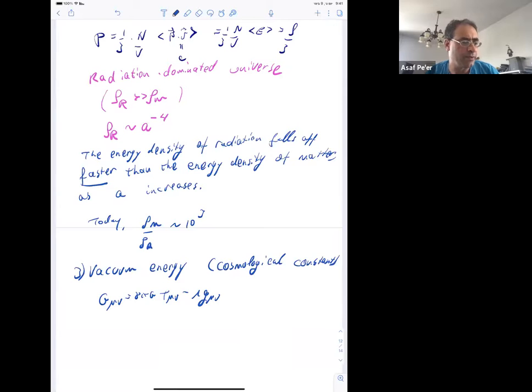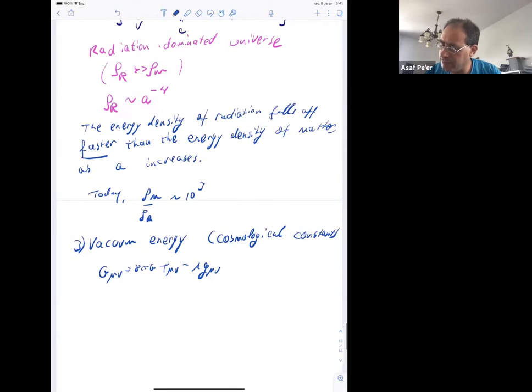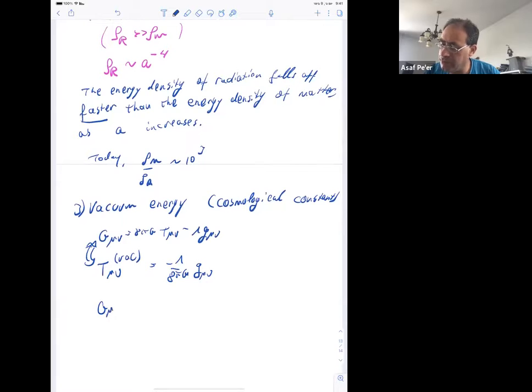So we can think of it as a universe without any cosmological constant, but with an energy momentum tensor of the vacuum, T mu nu of the vacuum equal to minus lambda over 8 pi G g mu nu. And then we can write G mu nu as 8 pi G times T mu nu plus T mu nu of the vacuum.